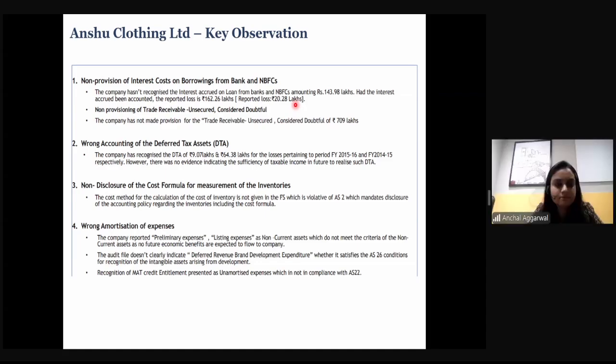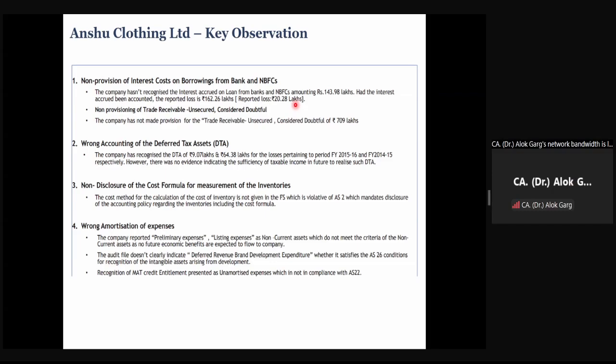Second aspect, the company has classified some trade receivables as unsecured, considered doubtful, right? In the balance sheet it is unsecured and doubtful, but there was no provision for doubtful debt, right?